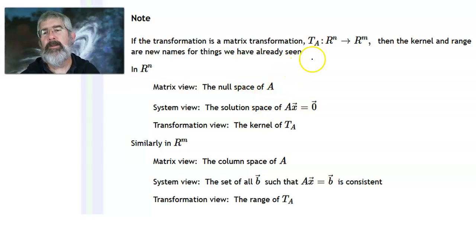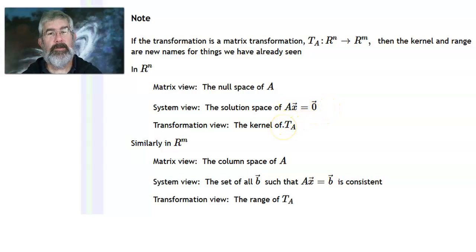I mean, how do you do a matrix transformation? You multiply by the matrix A. So to say that T sub A of x equals 0 is the same thing as saying A times x equals the zero vector, which was what it takes to be in the null space of A, right? But that's also, from the system point of view, the solution space of the homogeneous system, Ax equals 0.